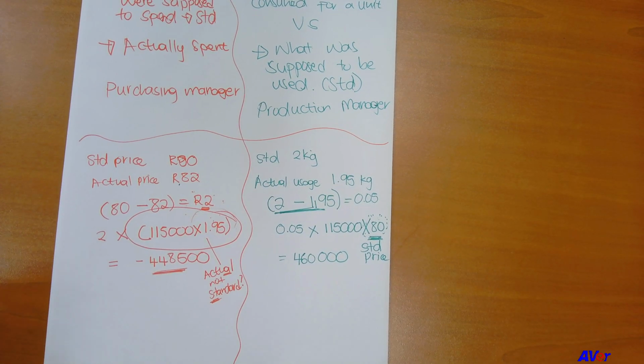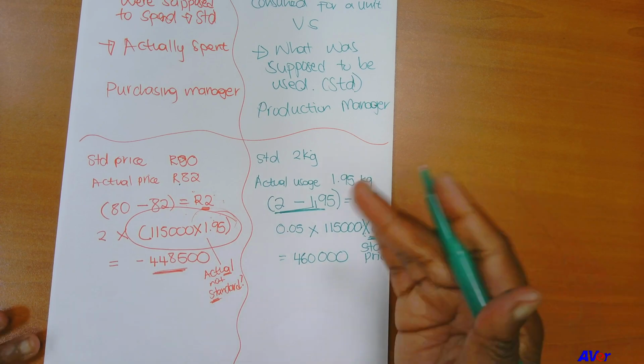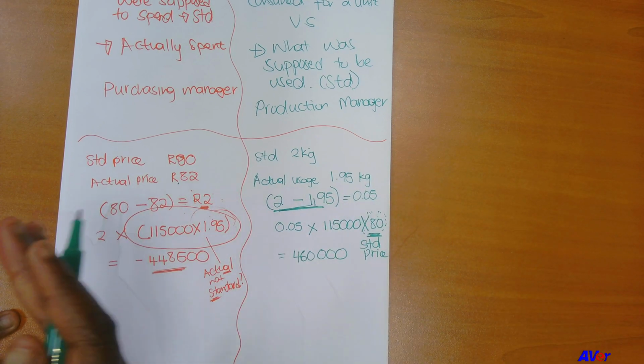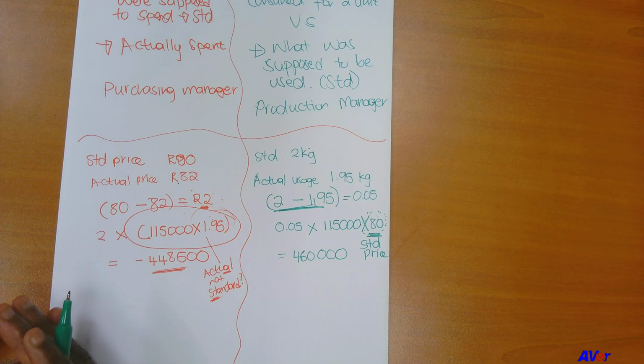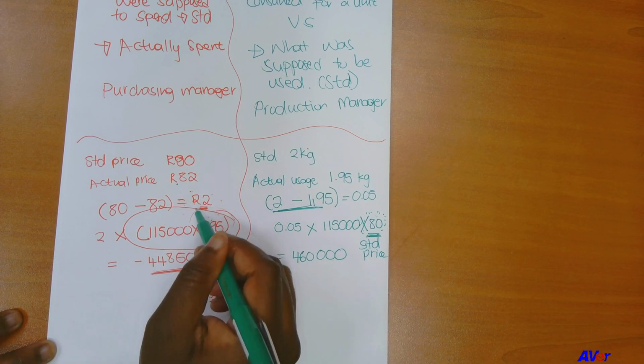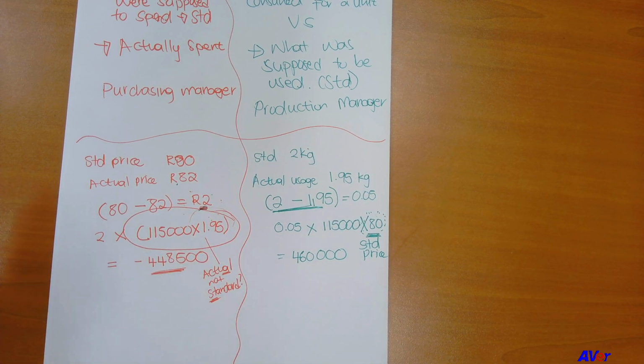He's a production manager. He works in the manufacturing plant. So he has to make sure that we use the standard that we're supposed to use for our production. However, he doesn't go out to buy the material, so he cannot take the blame for the 2 rand difference. The purchasing manager needs to take a blame for that.